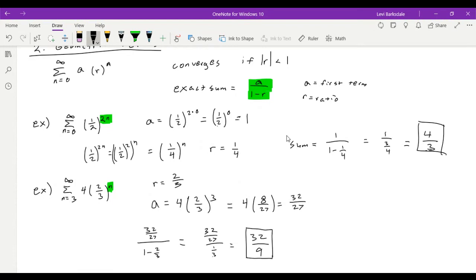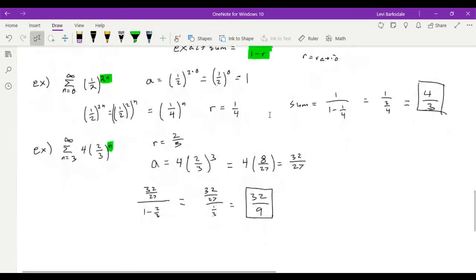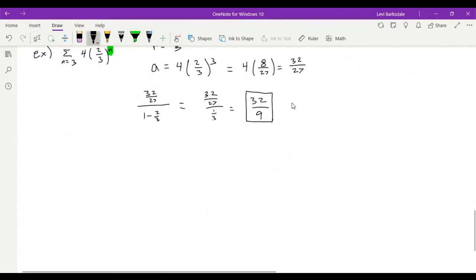And that's a geometric series. So a couple of practice problems. Go ahead and find the exact sum. n equals 2 to infinity of 1/2 times 1/4 to the nth.